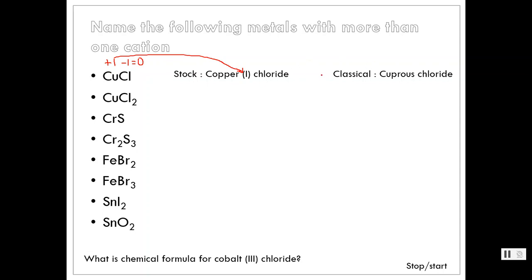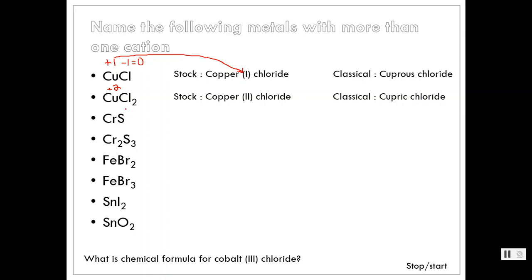And if you have a copper that is a +1 charge, that is cuprous. So cuprous chloride. And so hopefully you can easily see that if CuCl is copper(I) chloride, then CuCl2 would be copper(II) chloride. And since copper in that case would have to be a +2, the classical name is cupric.